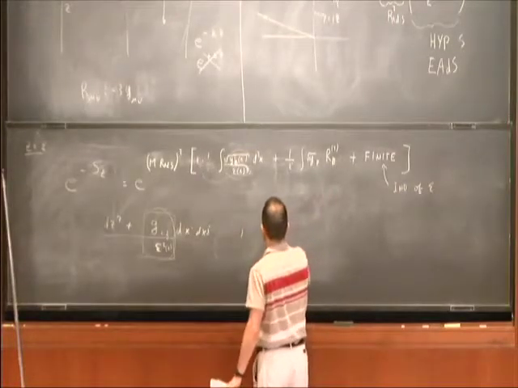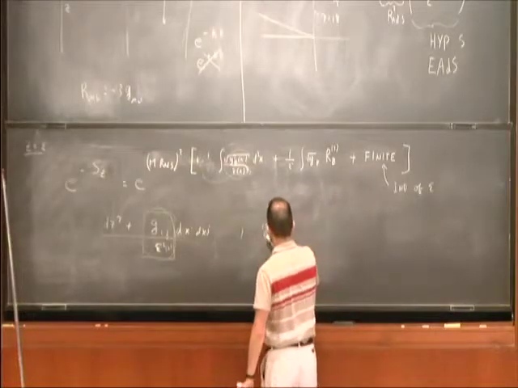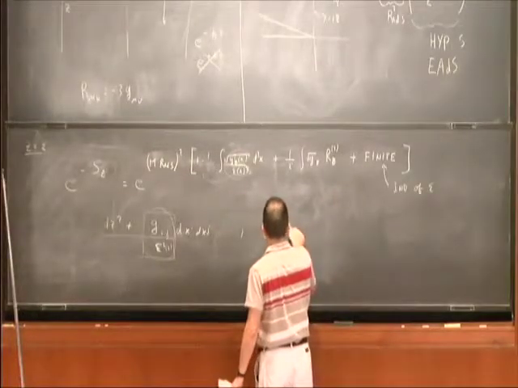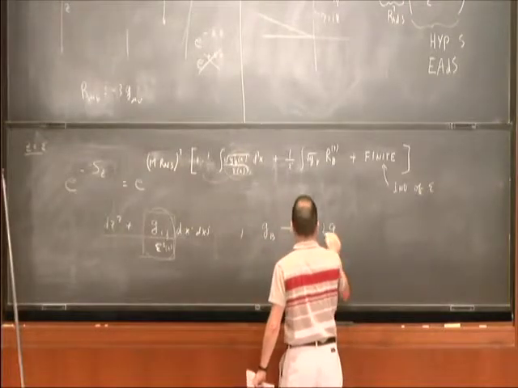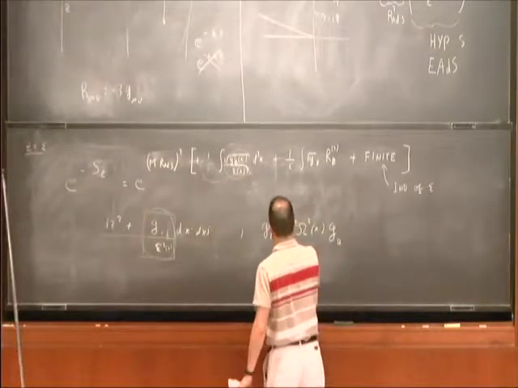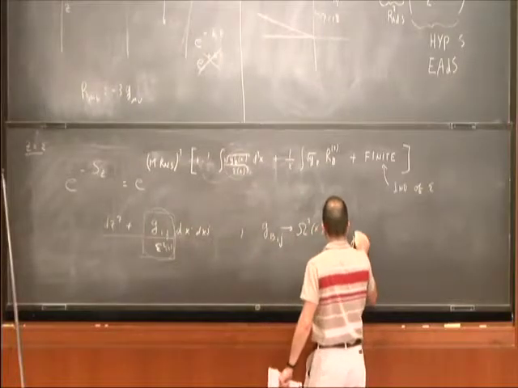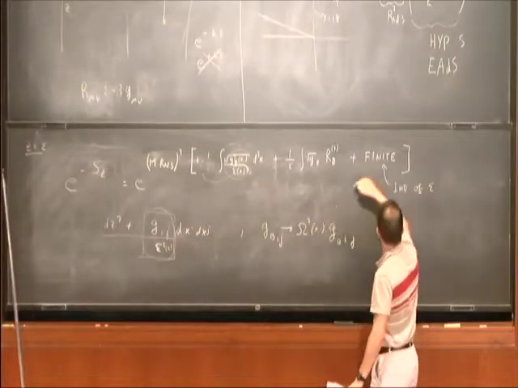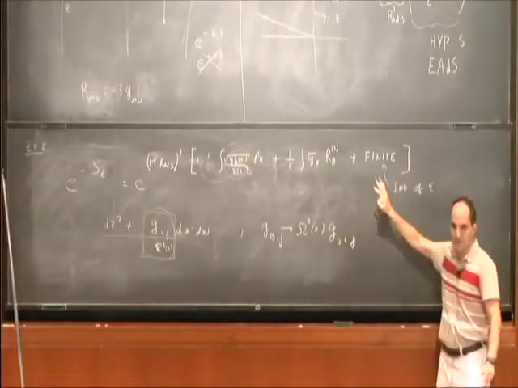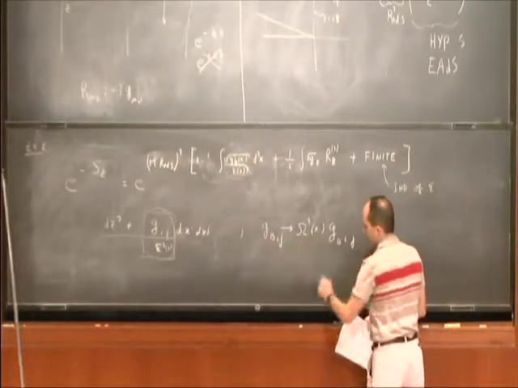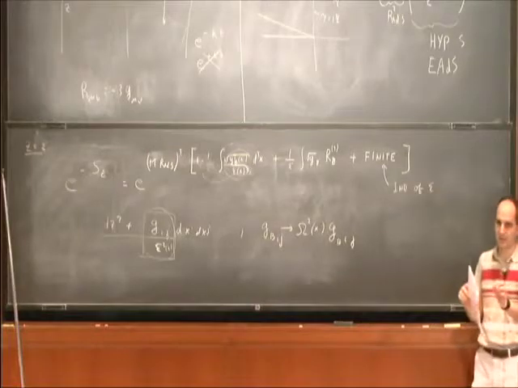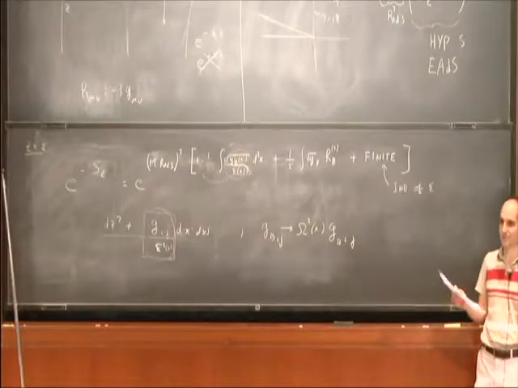So we get that this finite piece is invariant under changes of the boundary metric by overall factors that could depend on x, but not on the indices i and j. So if we rescale the metric completely, this finite piece will not change. So this is saying that this finite piece, whatever it is, depends not on distances on the boundary, but on, let's say, angles and geometry of the boundary.